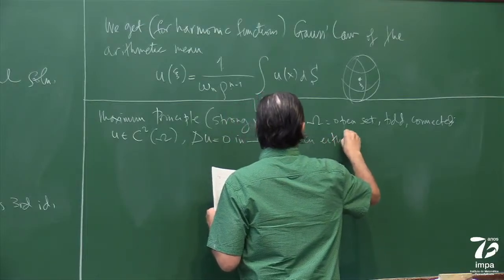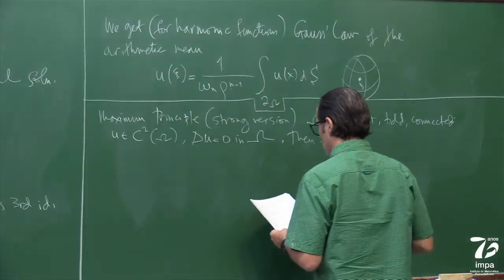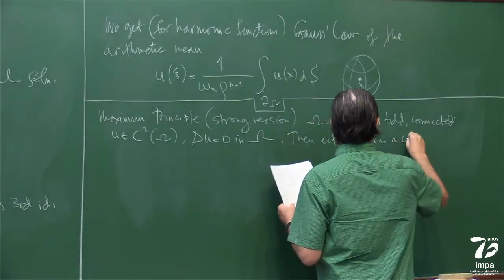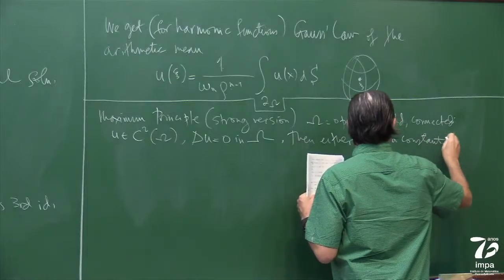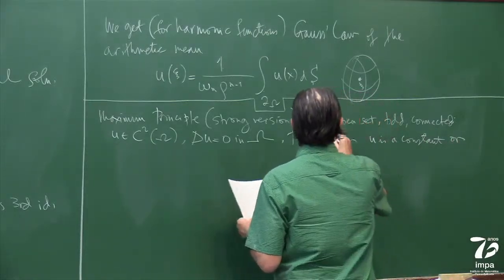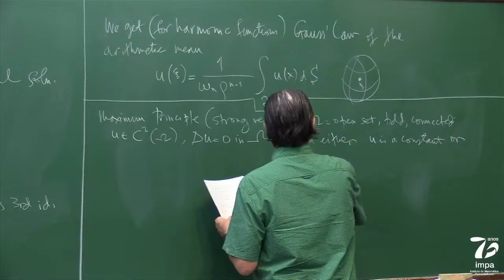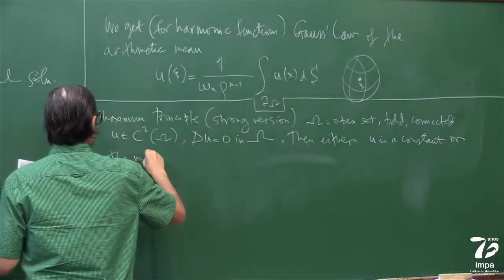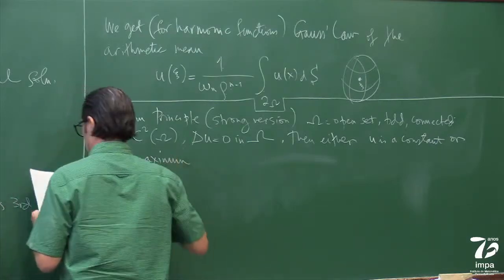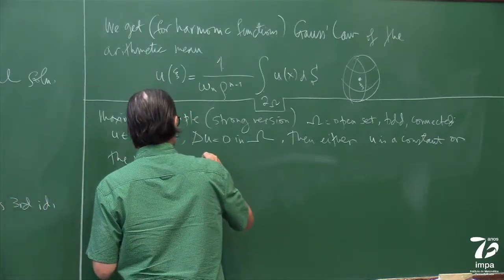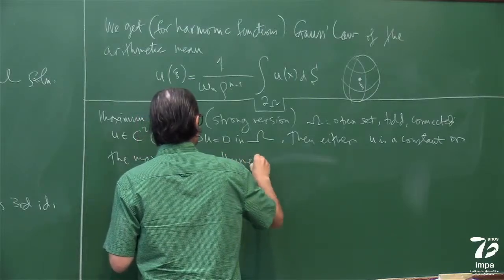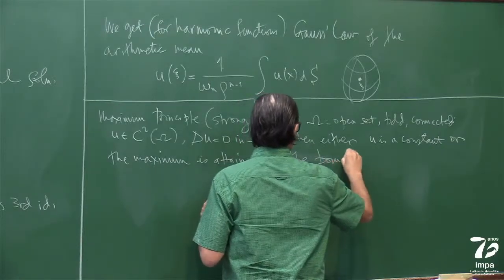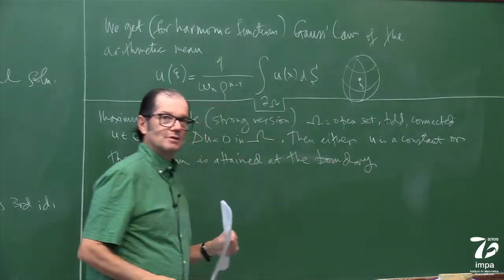Then, this is what the maximum principle says: either U is a constant, or it attains its maximum at the boundary, right?